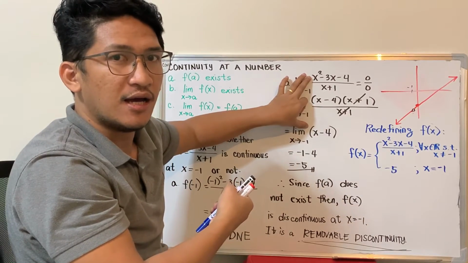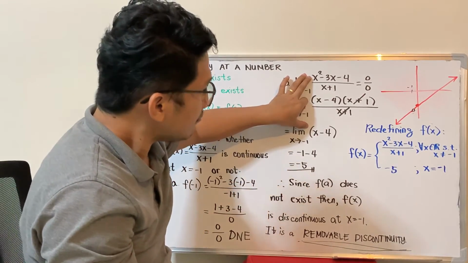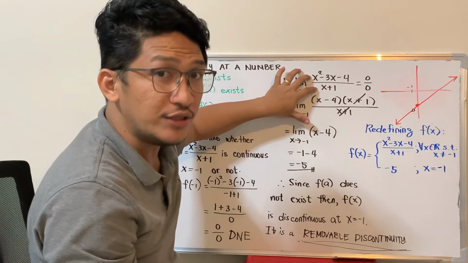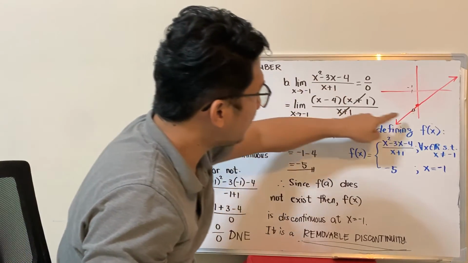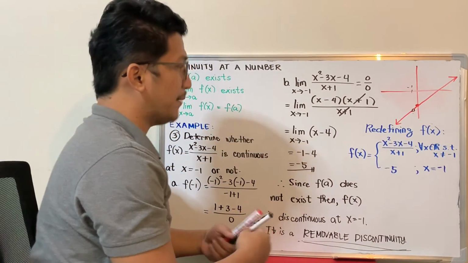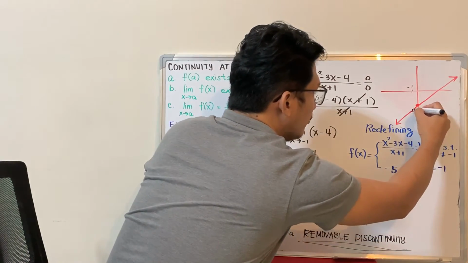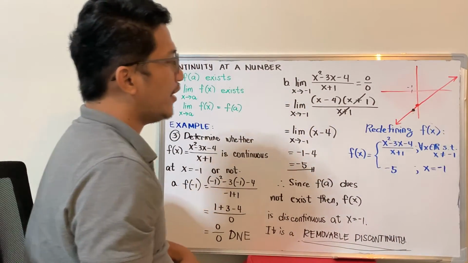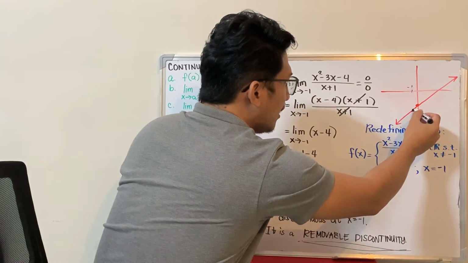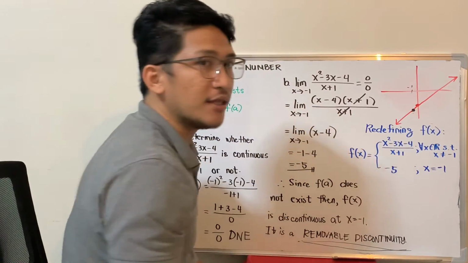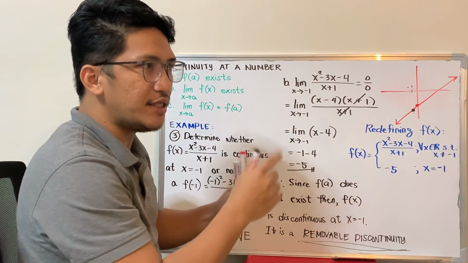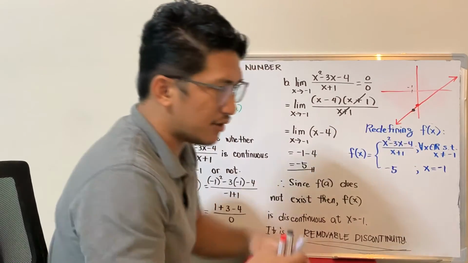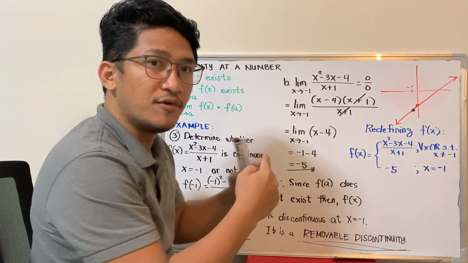It's a complete line. But to make the function continuous, you fill in the hole. Now, the question is, what is that point? It's broken at a single point. So the question is, what point do I fill in to make it a continuous straight line?